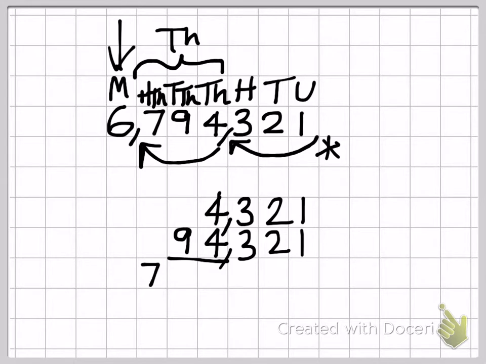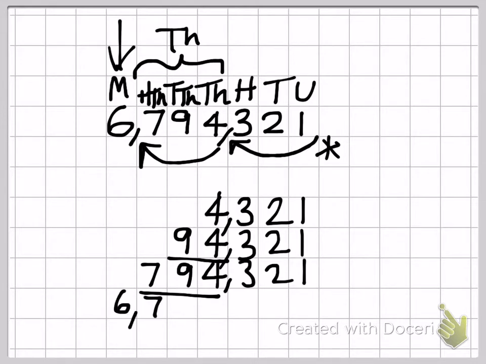Moving on to a 6-digit number, you would say 794,321. And then moving on to that final number, you would have 6 million, take the breath, 794,000, take the breath, 321.